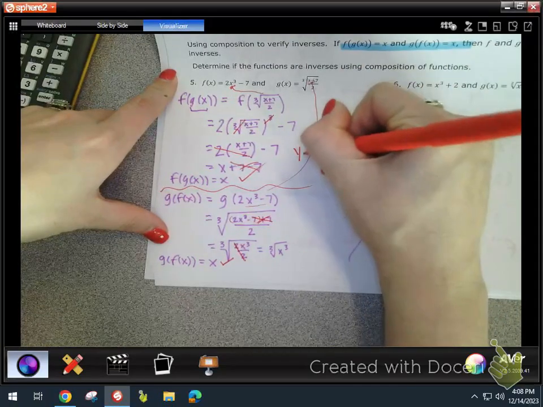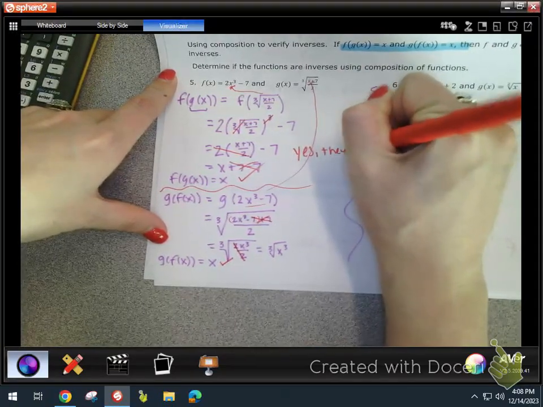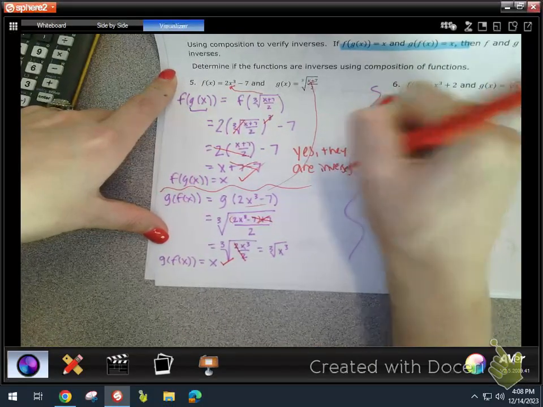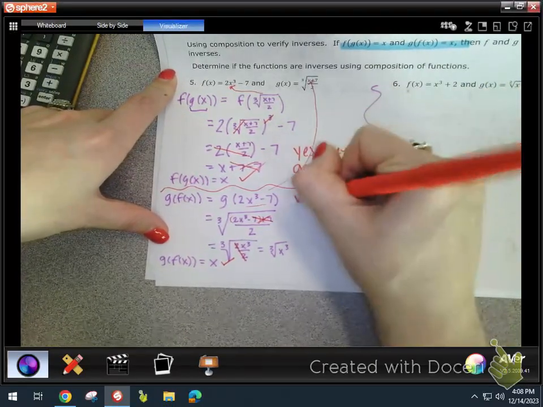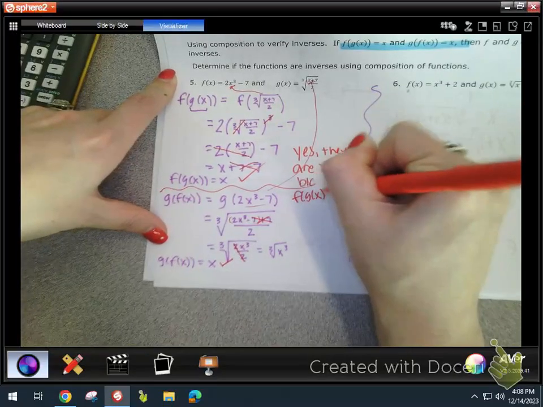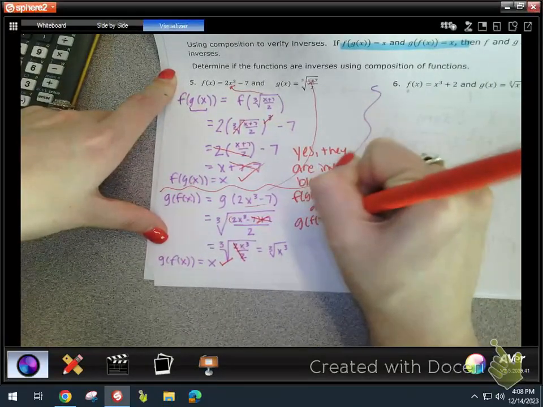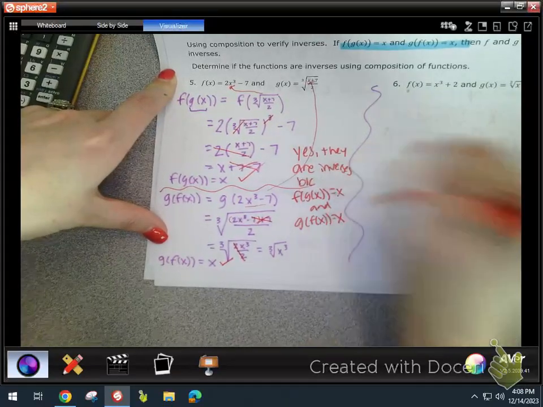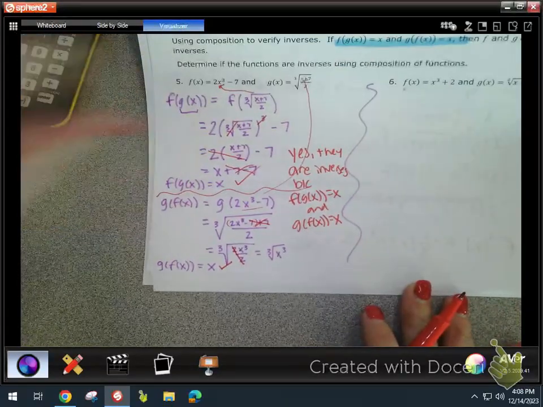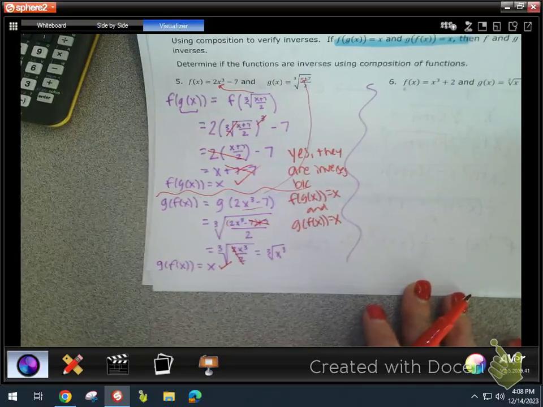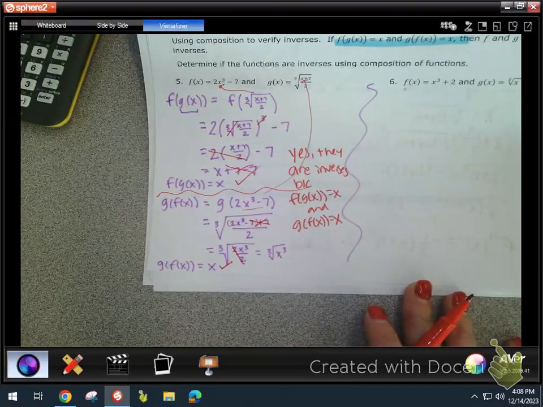So my answer is yes, they are inverses. Why? Because they're equal to x. What you're doing is using the x in one of them and plugging it in. That's what it means to compose, yeah.